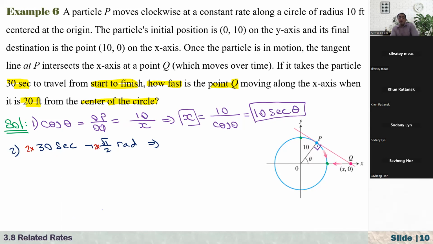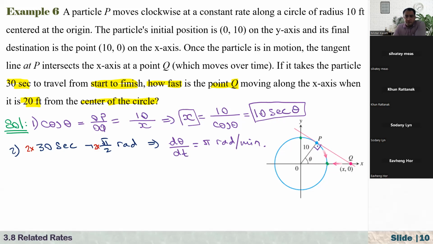Now we can get the rate of change of theta because it's changing at a constant rate. So d theta with respect to time is equal to pi radians per minute. Every minute our theta is changing by pi radians.